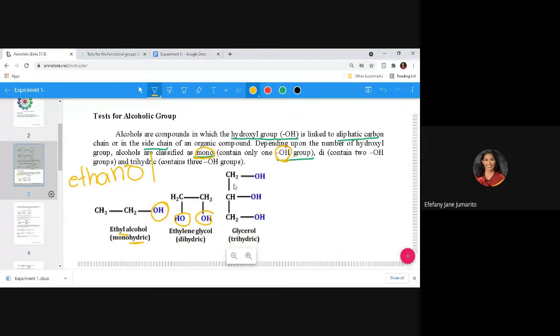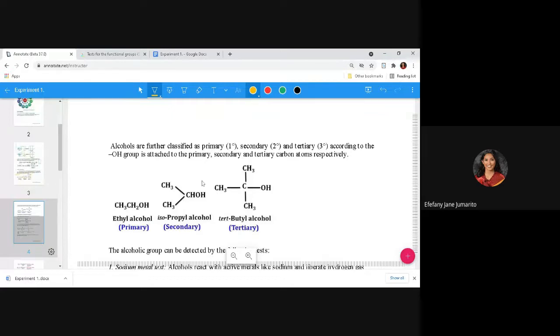What about your glycerol? Three OH, three hydroxyl groups. One, two, three. How do you classify this one? Trihydric. So when I ask you to classify alcohols according to the number of hydroxyl groups, that one is monohydric, dihydric, trihydric. All right.